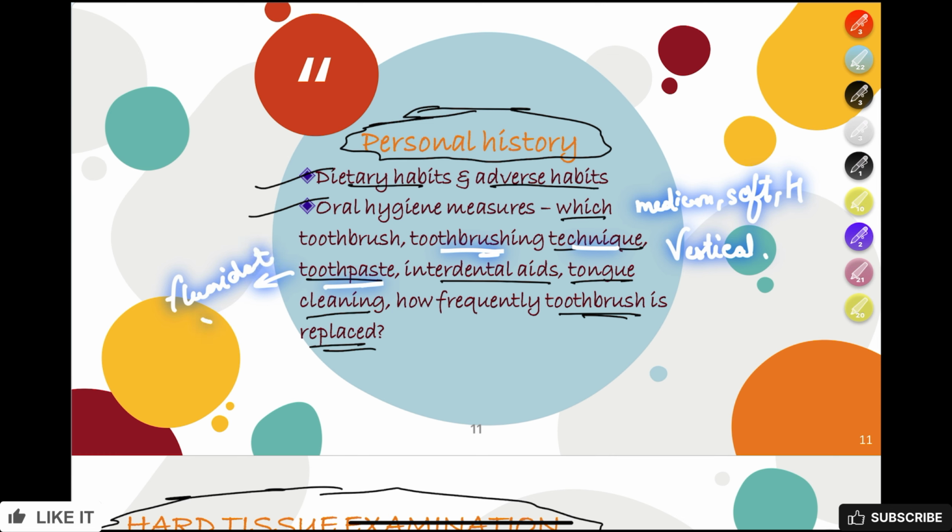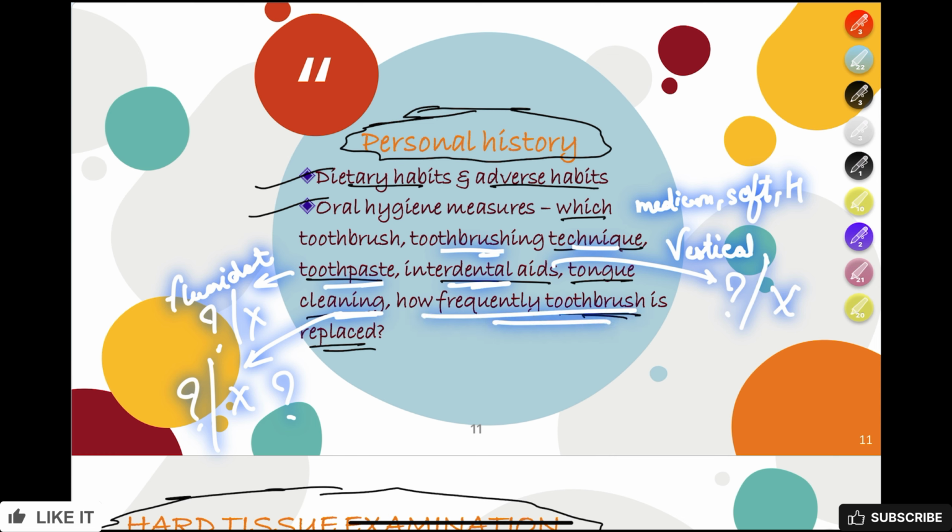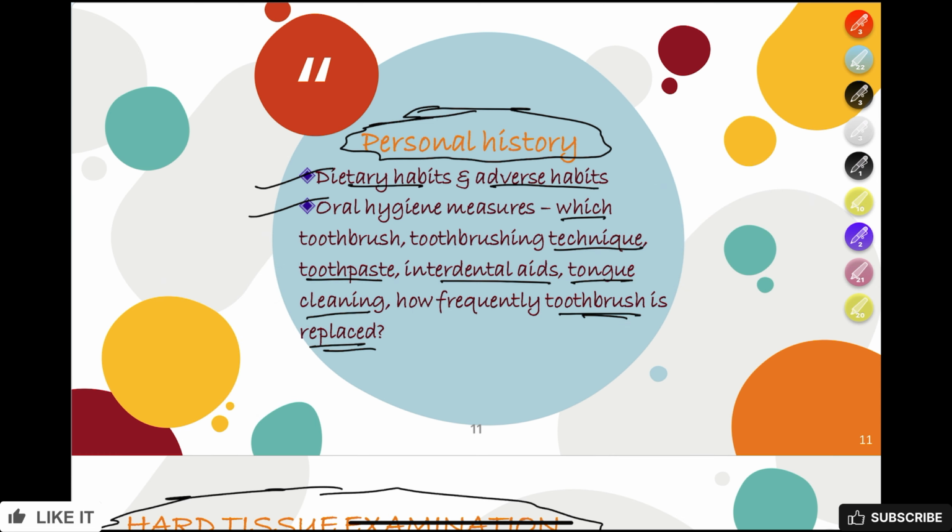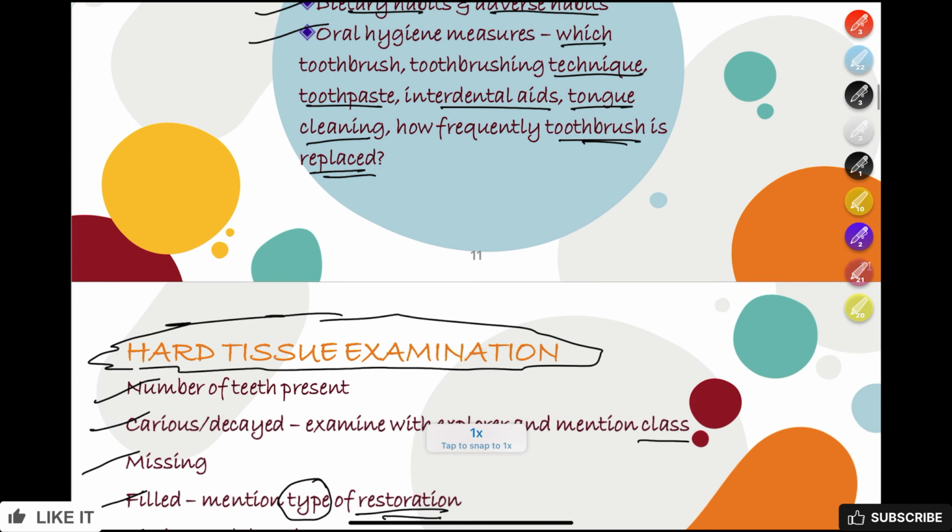Interdental aids are used by the patient or not? Tongue cleaning habits are done by the patient or not? How frequently the toothbrush is replaced, it is also very important. So these are all the questions which we should ask the patient related to oral hygiene measures.